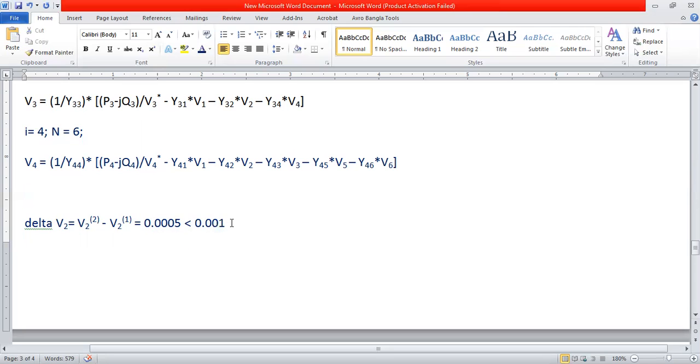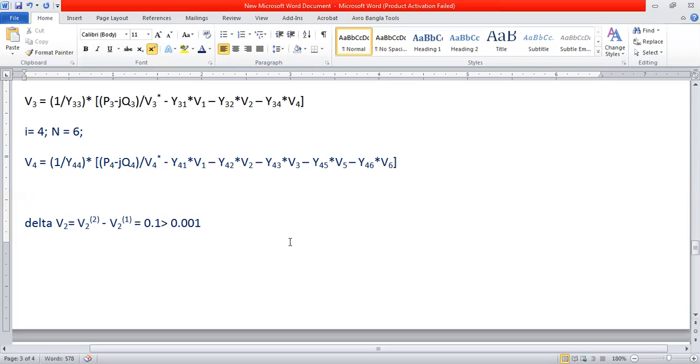And if this result does not satisfy the tolerance level, like 0.1, which is greater than the tolerance level value, it means that the solution is not complete yet. Again, we need to determine the voltage value for the third iteration, and this goes on.